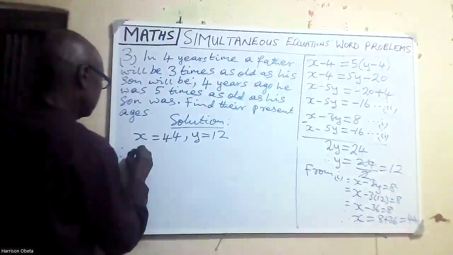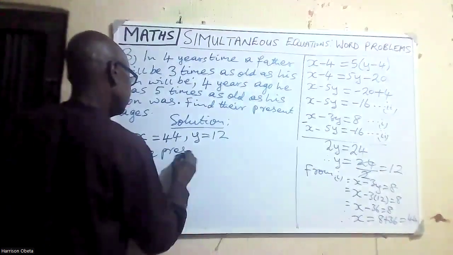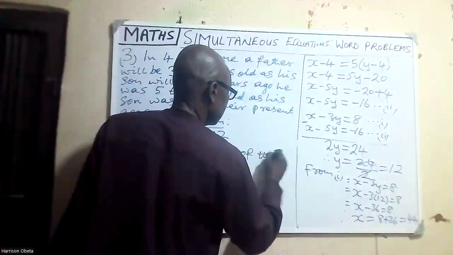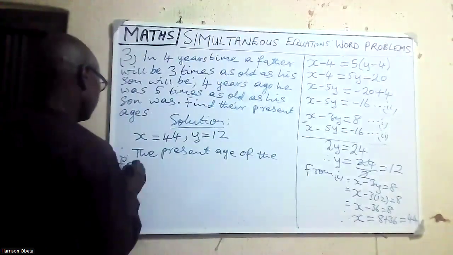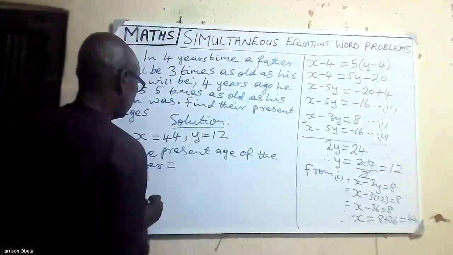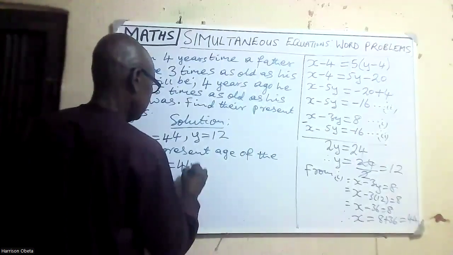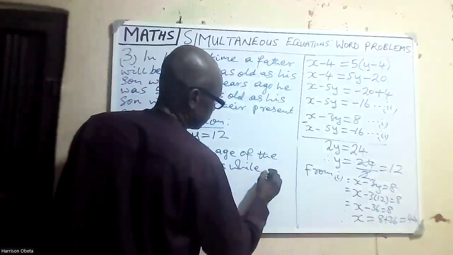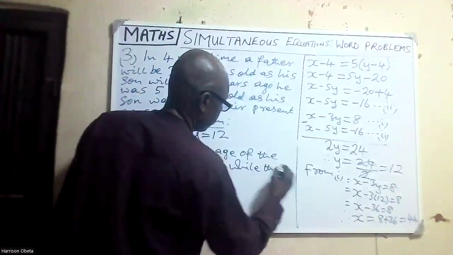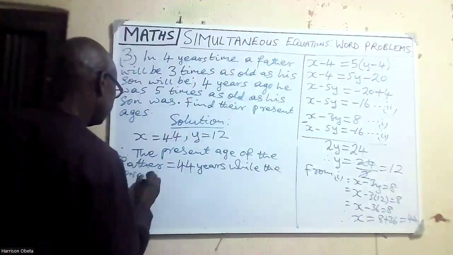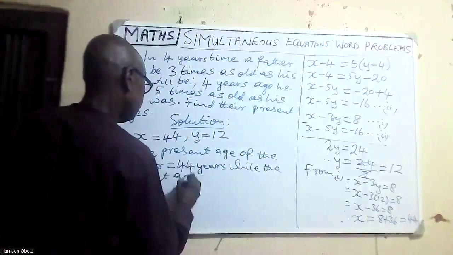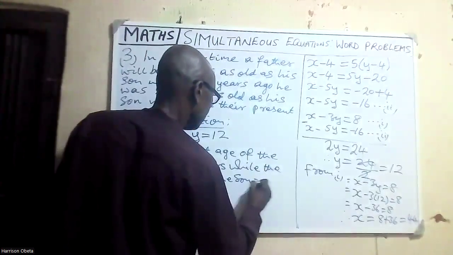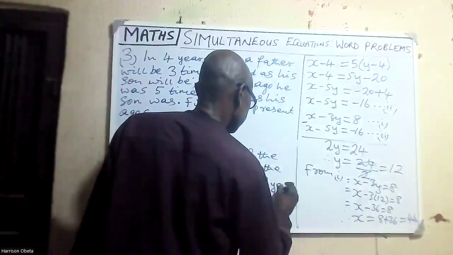Therefore, the present age of the father is equal to 44 years, while the present age of the son is equal to 12 years.